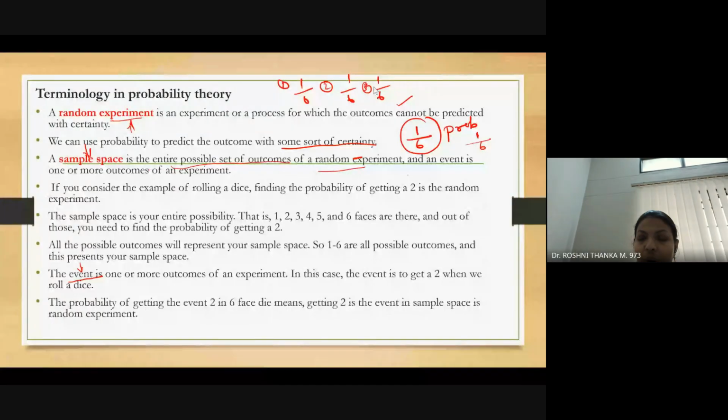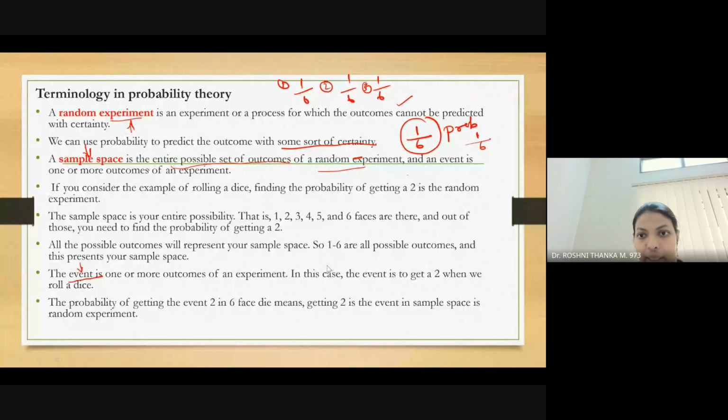That is 1, 2, 3, 4, 5, 6. These are all different possibilities, and out of those, you may want to find the probability of getting 2. That is called the sample space, which will be represented by 1 divided by 6. All possible outcomes are represented as the sample space. So 1 to 6 are all possible outcomes.